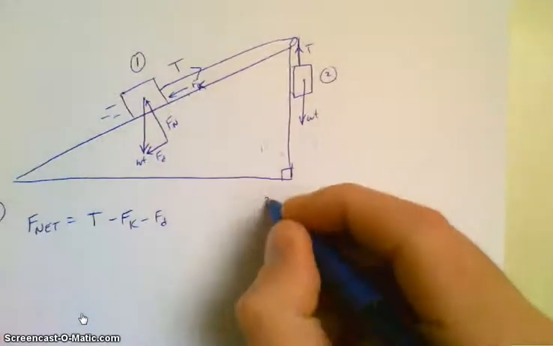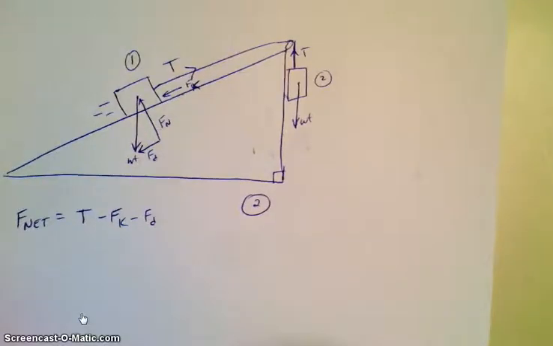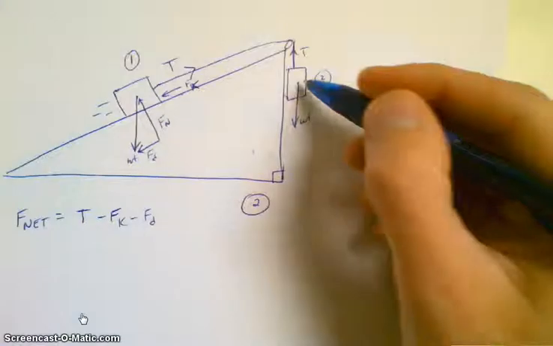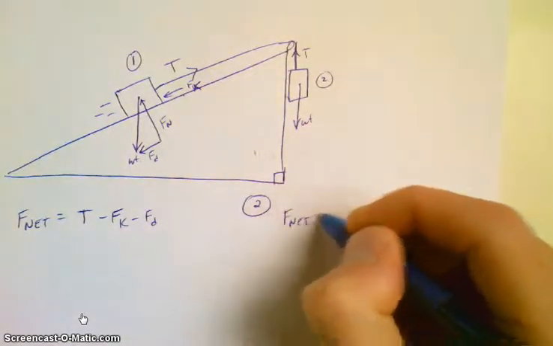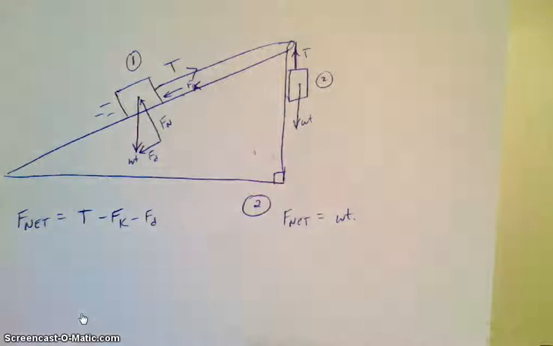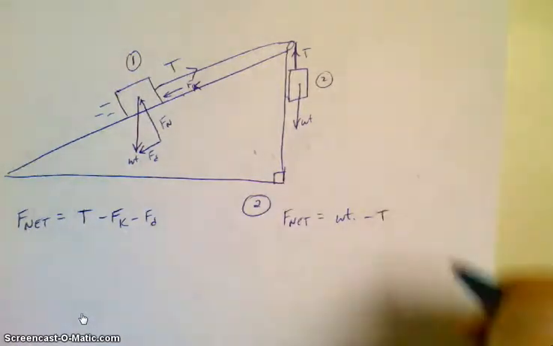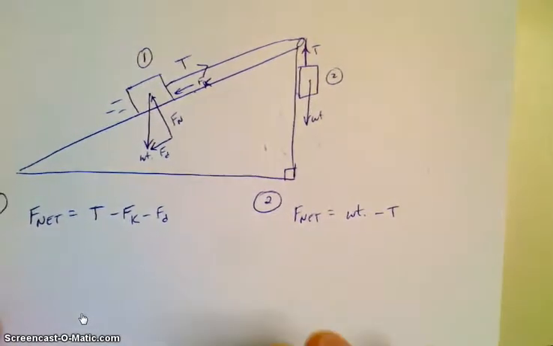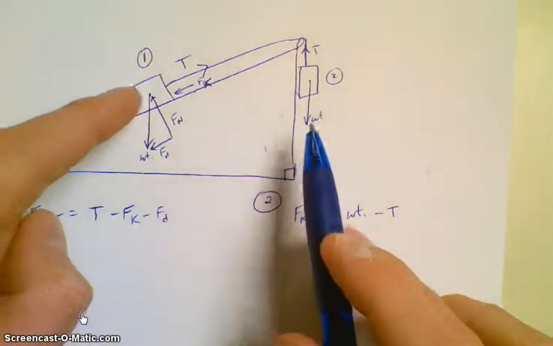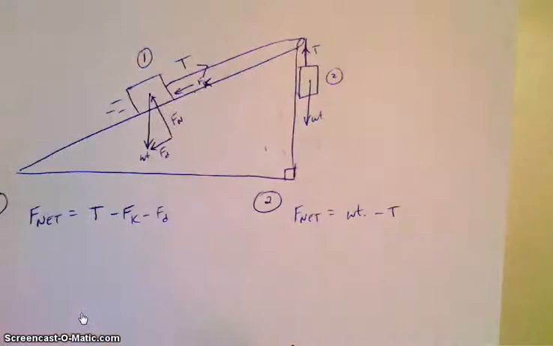Let's go to the second block. Which direction is it moving? It's moving downward. So the net force for this one is equal to the weight, which is the force in the direction of motion, minus tension. And how is this system moving? It says that this is moving with a constant velocity in the problem.